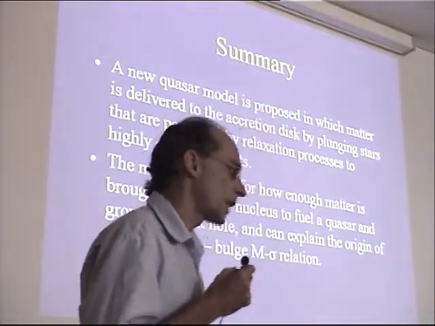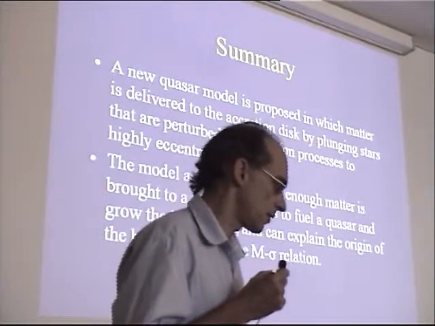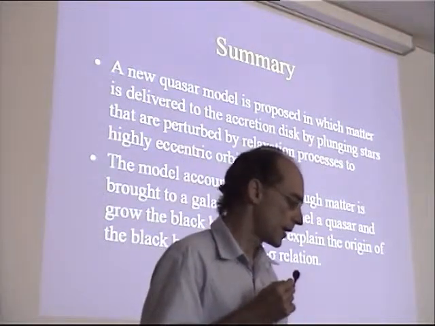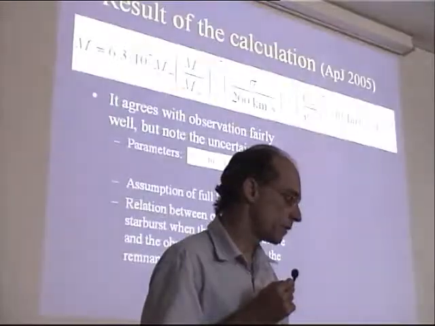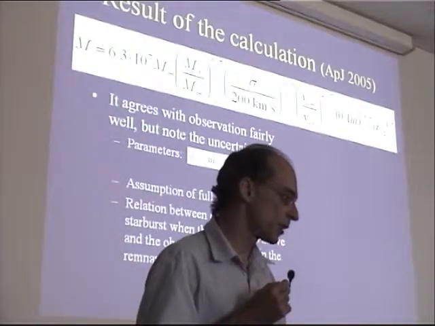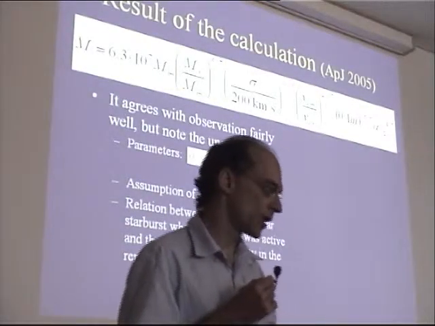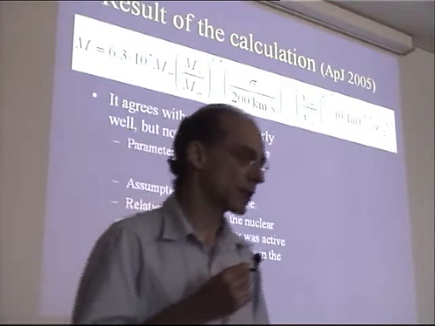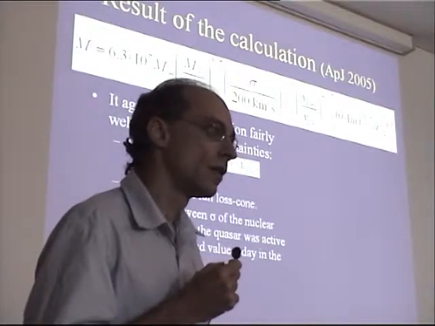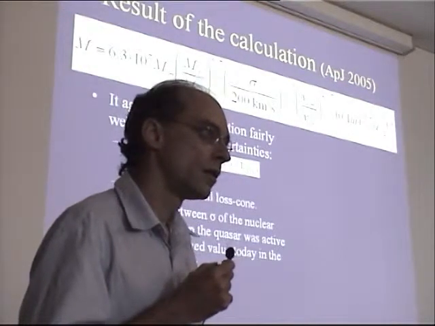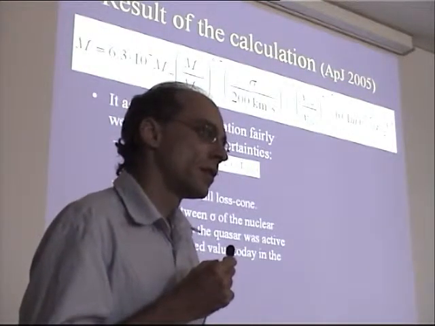Well, but this is true. I think this is true for all black hole masses, also for the 10^8 solar mass. And as I mentioned, essentially we find an M-sigma relationship with the velocity dispersion of the nuclear starburst at the time the quasar is active. Probably because you're assuming that the velocity dispersion is constant all across the bulge.